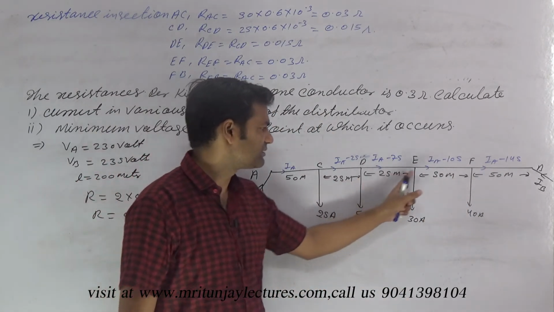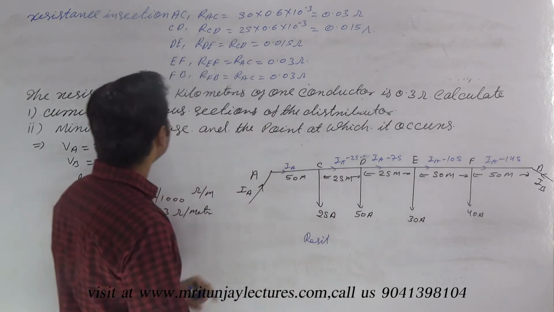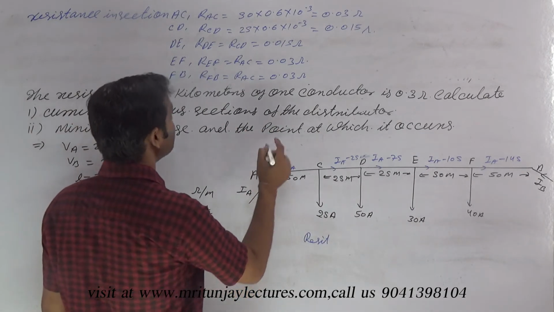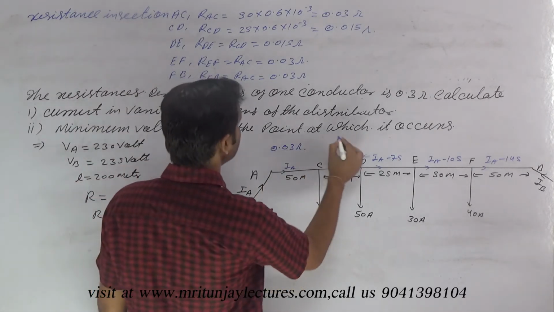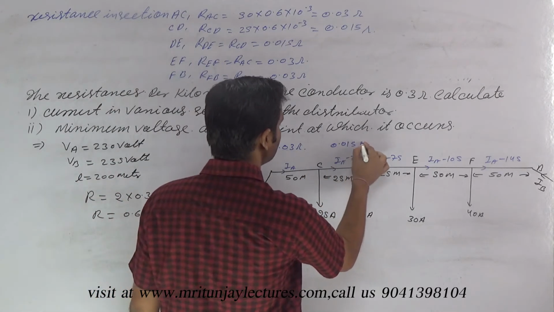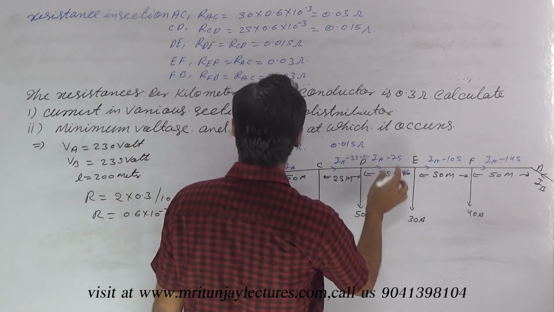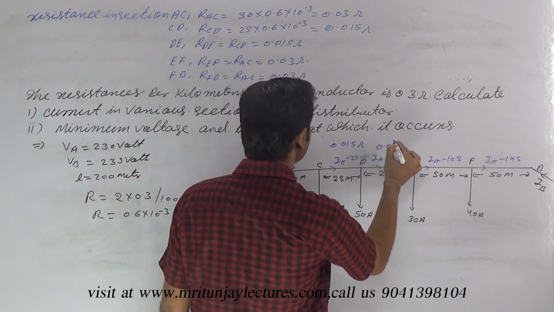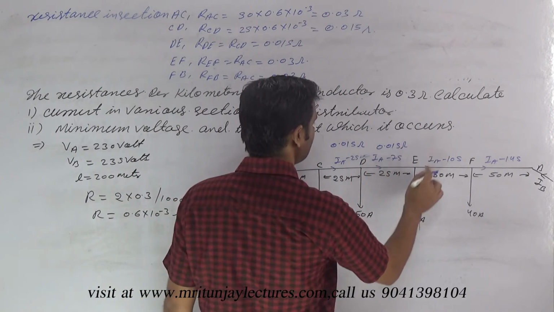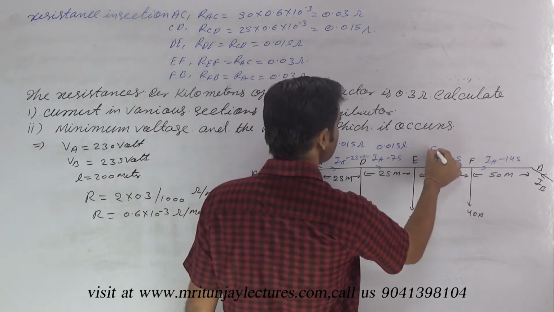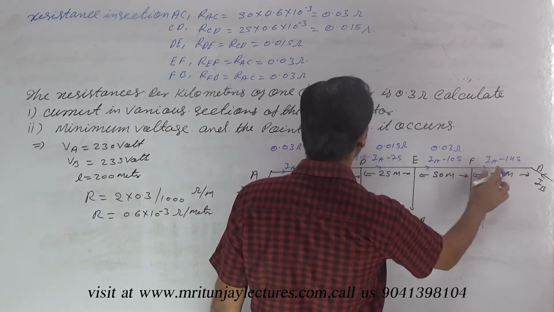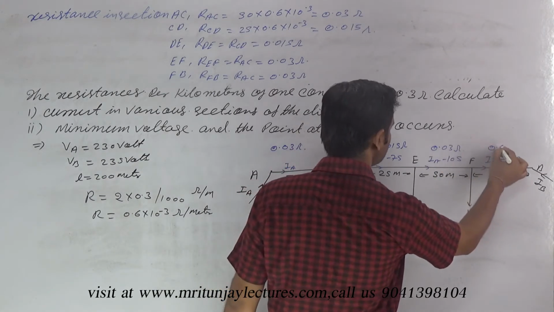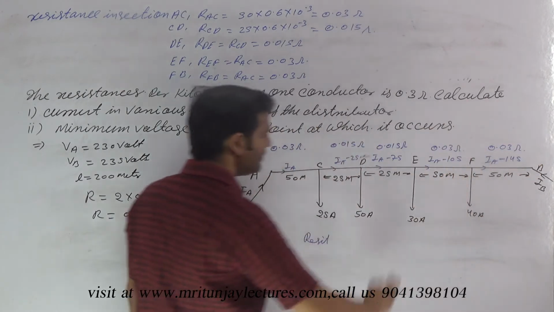R of AC is 0.03 ohm, R of CD is 0.015 ohm, R of DE is 0.015 ohm, R of EF is 0.03 ohm, and R of FB is 0.03 ohm. Very simple.